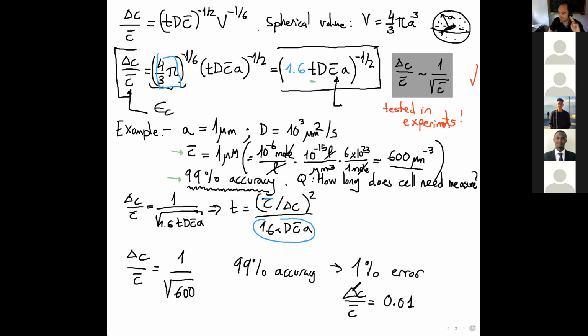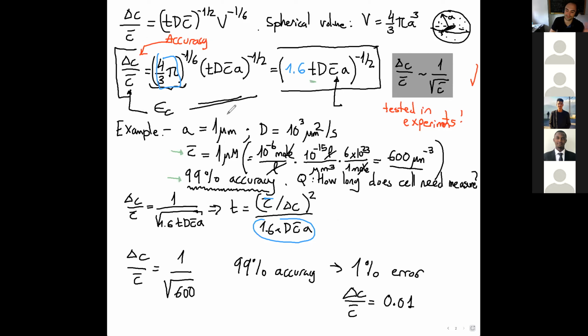This is the way you have to understand this formula. You can also write it like this, epsilon c equals this. This is the accuracy, on the left. Well, not accuracy.